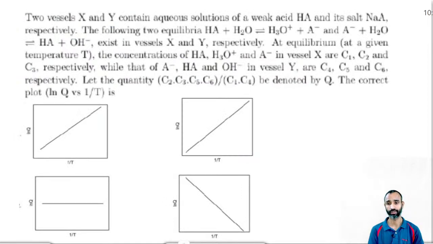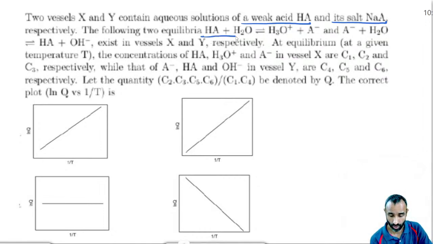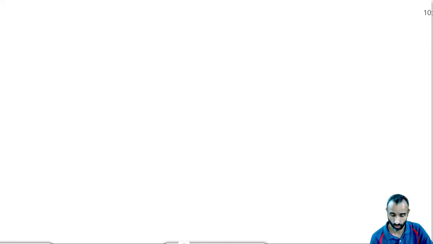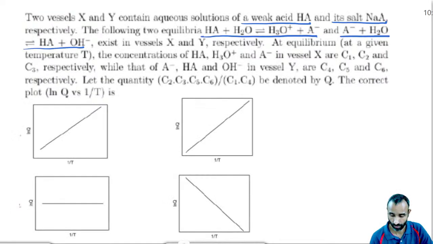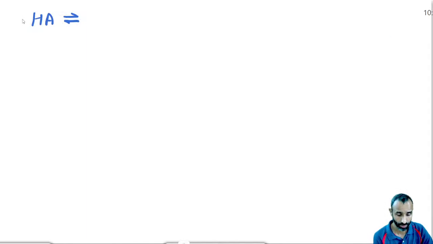Next question. Two vessels X and Y contain aqueous solutions of a weak acid HA and its salt NaA respectively, and two equilibria are like this. The first equilibrium is HA plus H2O to give H3O plus plus A negative.